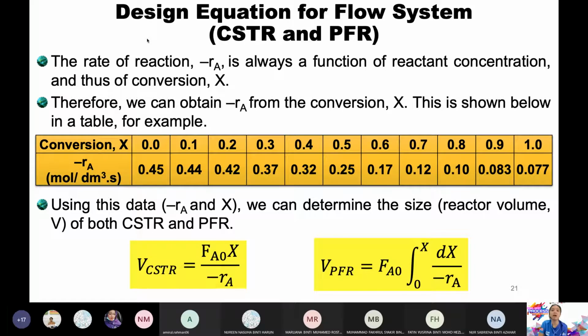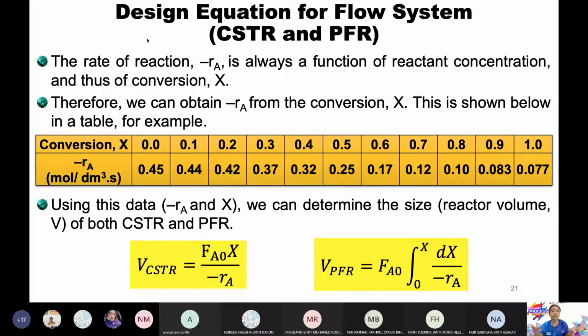Then, we will first learn the single reactors, meaning we want to determine the volume of one CSTR or one PFR, meaning if I have a reaction, I can determine how big my reactor shall be, for one PFR or one CSTR if we are using one reactor.